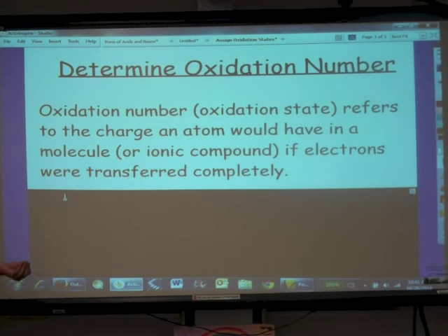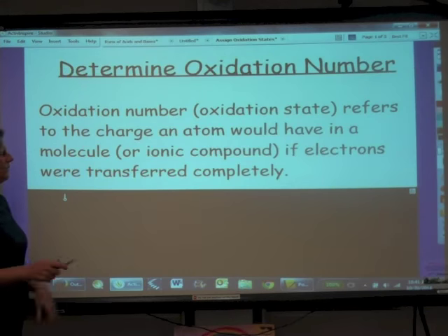There's one element that's going to keep the electrons around it more than the other element. And so that kind of helps to get your head around what this oxidation number really means.